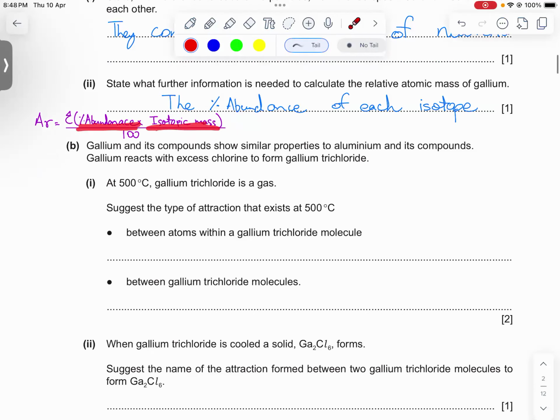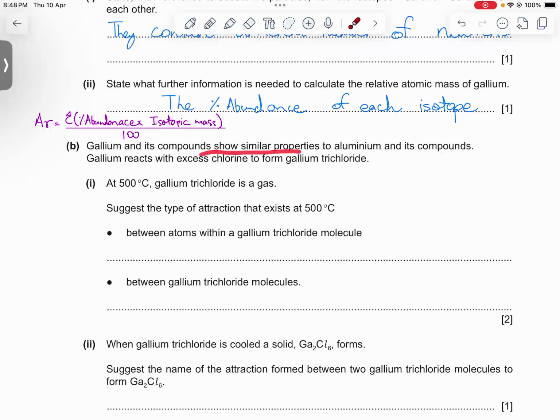Next, gallium and its compounds show similar properties to aluminum and its compounds. Gallium reacts with excess chlorine to form gallium trichloride. At 500 degrees Celsius, gallium trichloride is a gas.